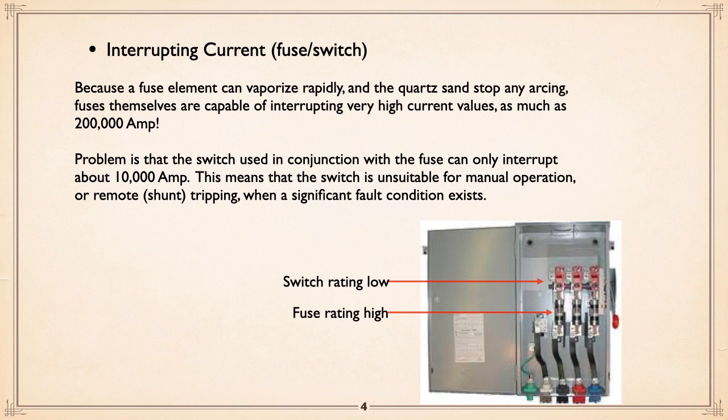The problem is that the disconnect switch, which is allowing you to change fuses and serve as an isolating current, will have a much, much, much lower rating, maybe 10,000 amp, which means the switch is unsuitable for manual operation or remote tripping, what they call shunt tripping, if a significant fault exists.